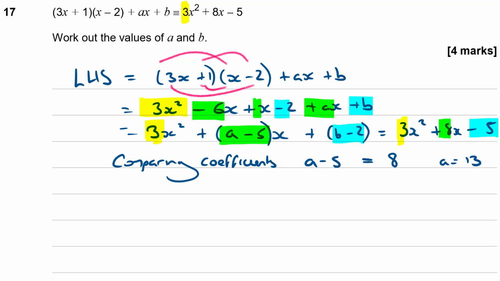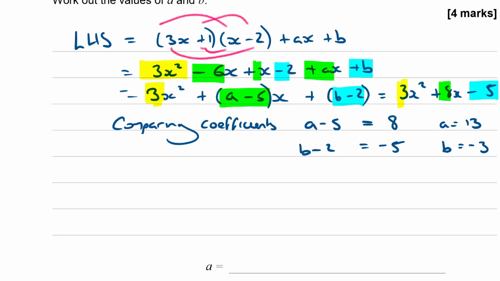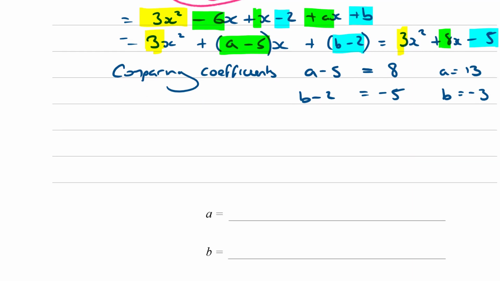And my blue ones, my b minus 2 must be equal to minus 5. So b must be equal to minus 3. So just need to write that in the box below, 13 and minus 3.